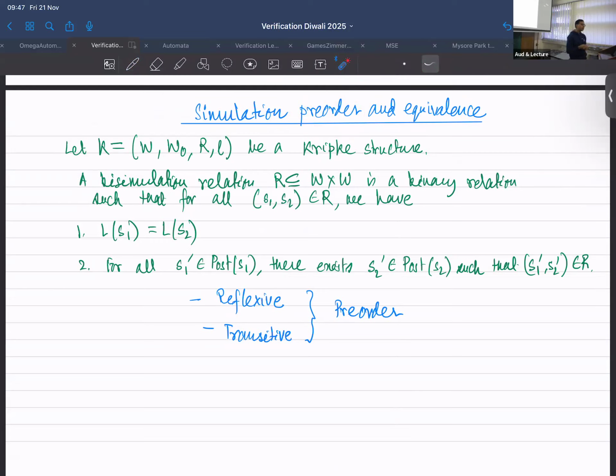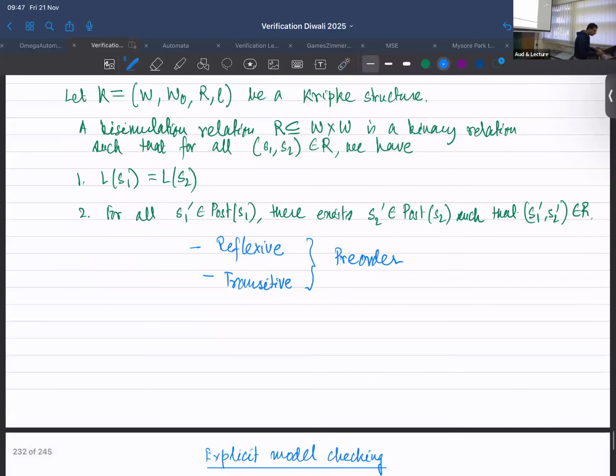And you can also consider an equivalence relation out of this, okay? Now, what is the equivalence relation? I say that S1 and S2 are simulation equivalent if S1 simulates S2 and S2 simulates S1.